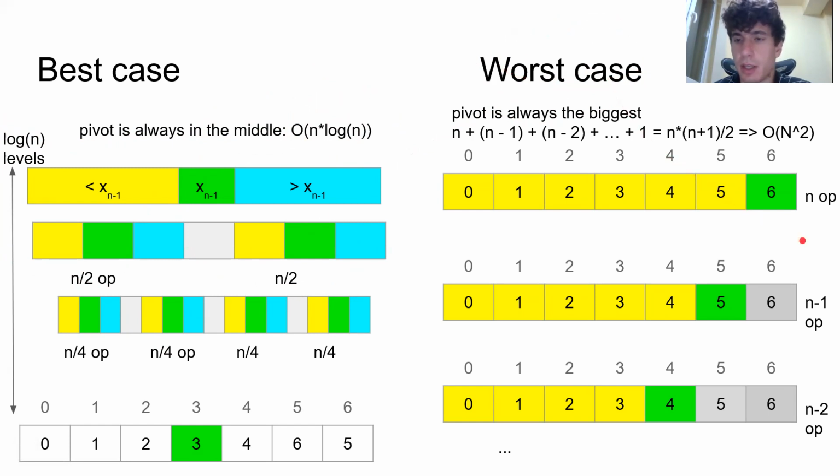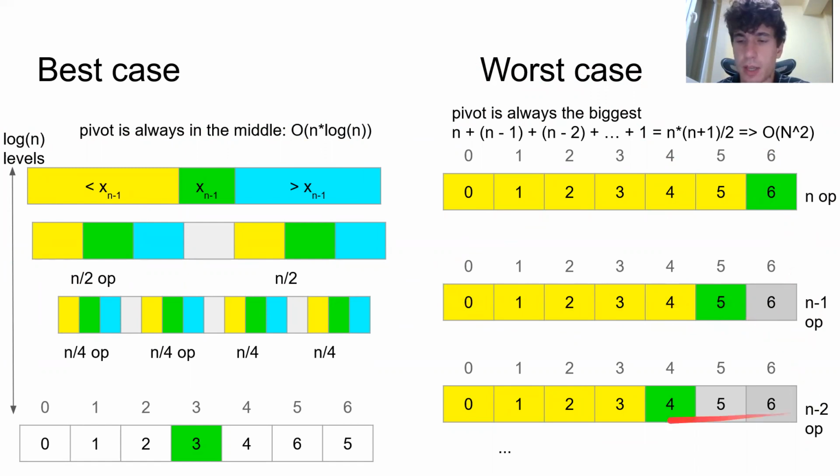But in the worst case, this is quite bad. If the pivot always is the first or the last element, I mean the biggest or the smallest element, like in a sorted array, for the first pivot, we do n operations. The second time, we'll do n-1.